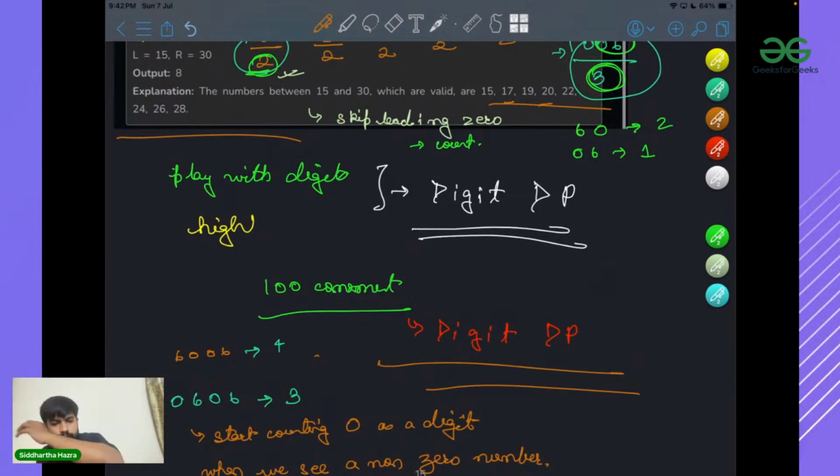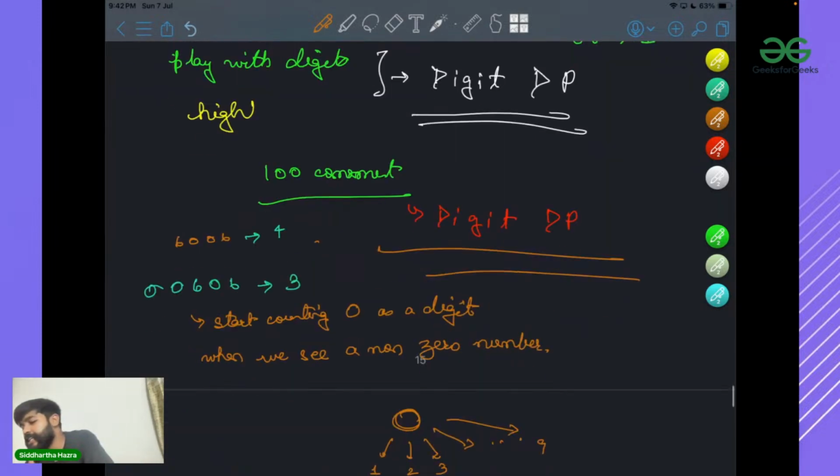We would only start counting or assuming zero, that yes, you have a position in my life when, like we see many films now where the girlfriends tell you that I would consider you as my love of my life when you are able to achieve something. Same goes here also. I would start the contribution of zero when I see a non-zero element, because the contribution of zero after a non-zero element is good, but a contribution of zero before a non-zero element should not be included.